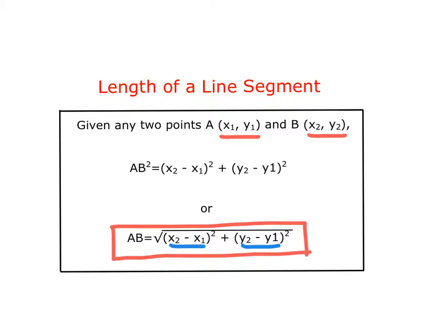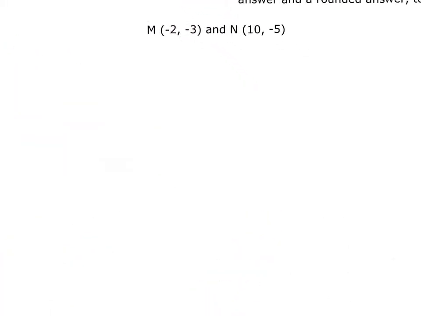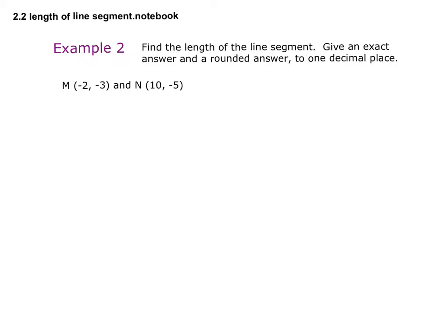So let's take an example. Let's look at an example of a line segment, and let's do one together. Flipping to example 2 here: find the length of a line segment. Give an exact answer and a rounded answer to 1 decimal place. What we're going to do is write the formula down. We're trying to find the line segment length of MN.